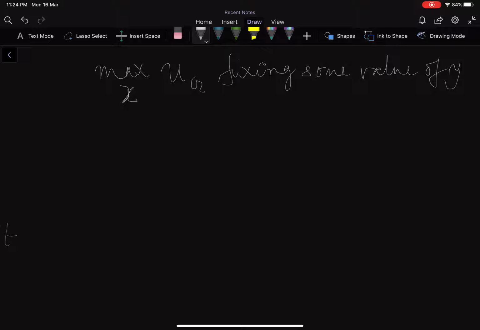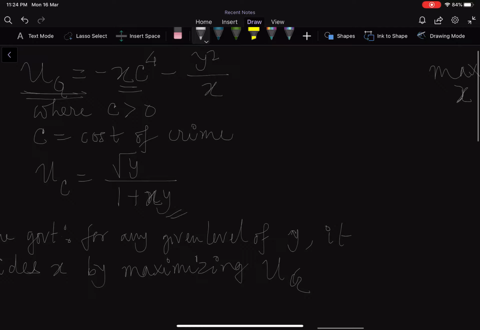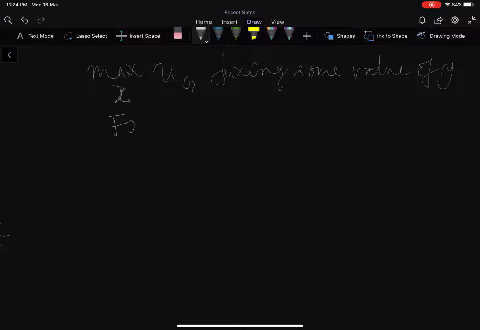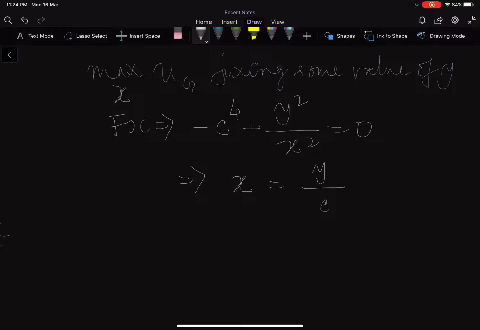So if you do the optimization, you will get that UG. So this is UG. What will you get? First order condition, you get that minus c to the power 4 plus y square by x square equals 0. From this you can write that x is y by c square.